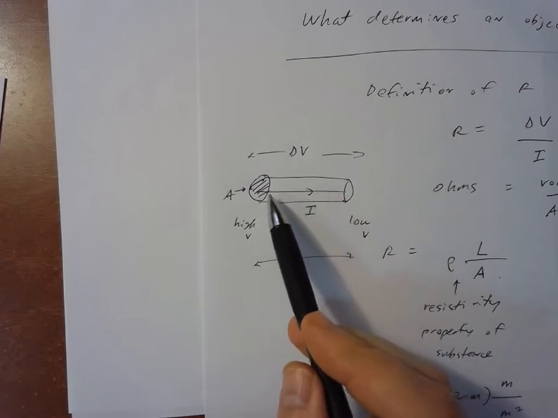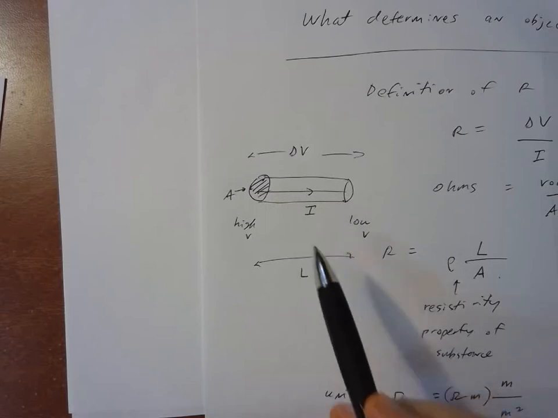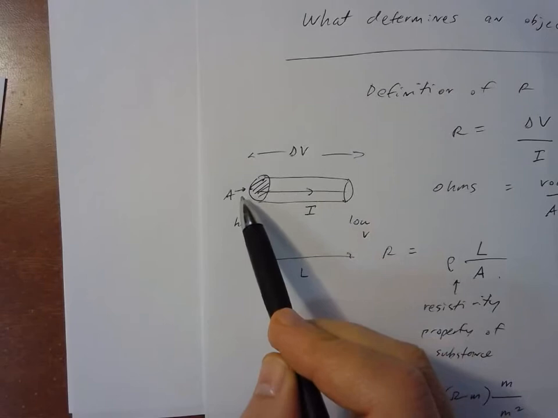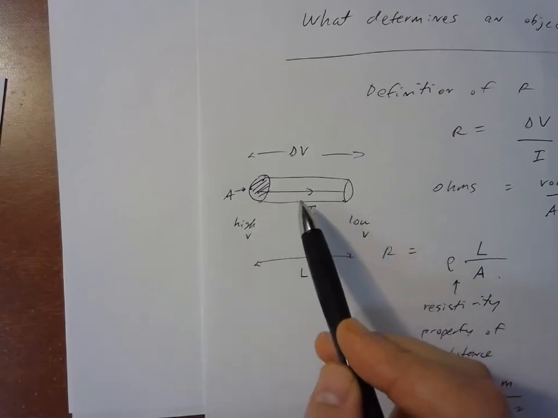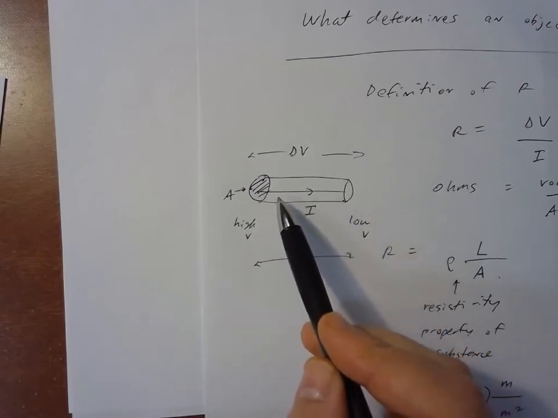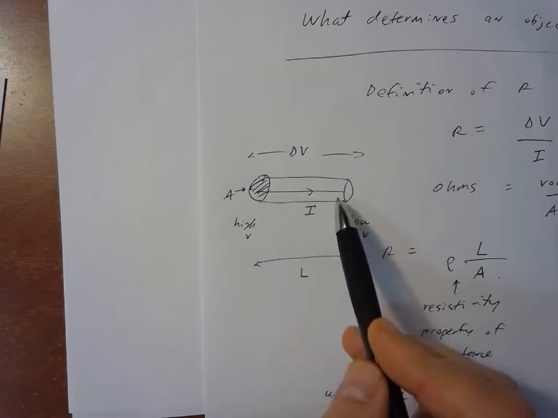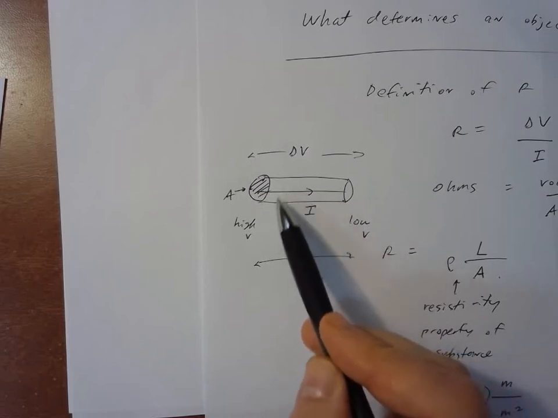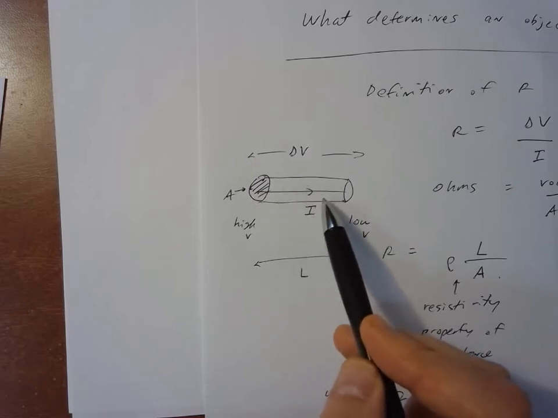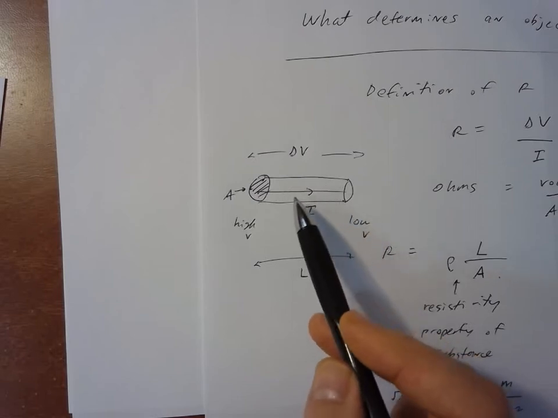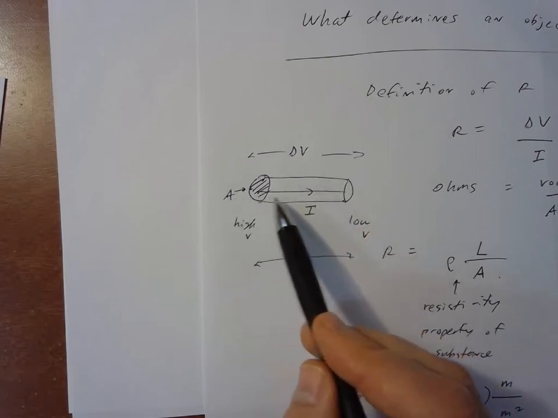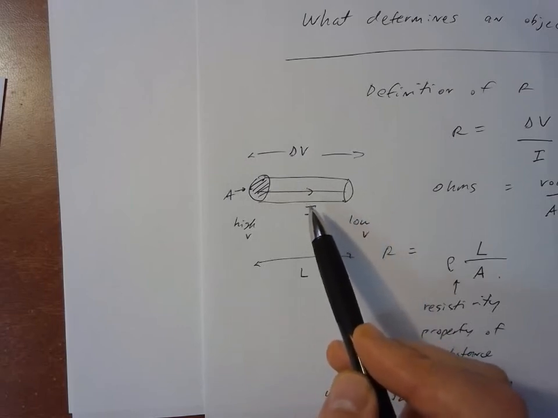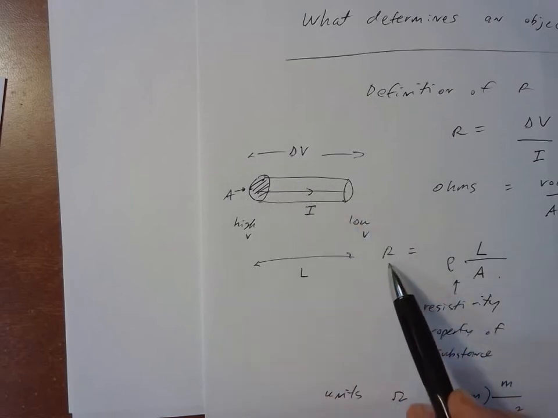And the ultimate cause for the resistance of a metal is that the current that you're trying to pass through that metal will have collisions. The electrons inside that current will have collisions with the atoms of the material. And the faster those atoms are moving, the higher the temperature of those atoms, the more frequent the collisions of the electrons that you're trying to pass through there with the atoms. And so more collisions would lead to more resistance.